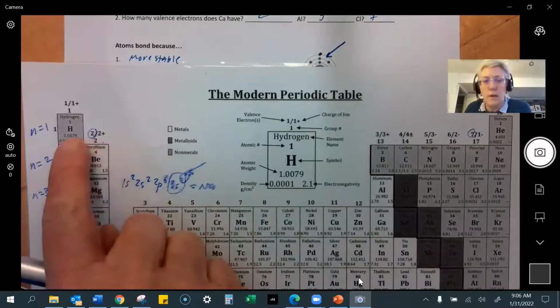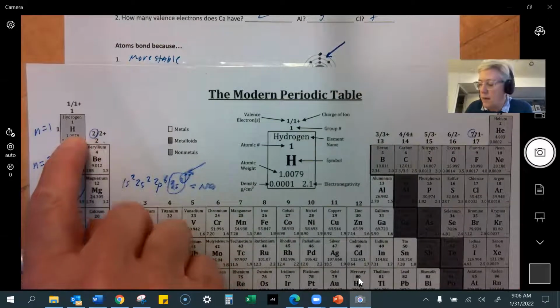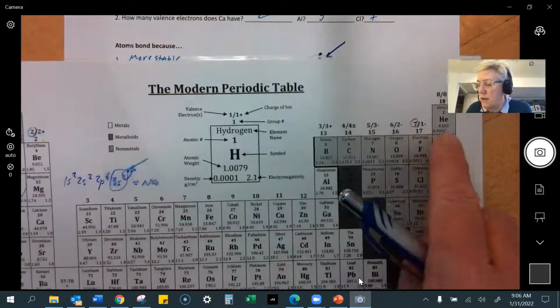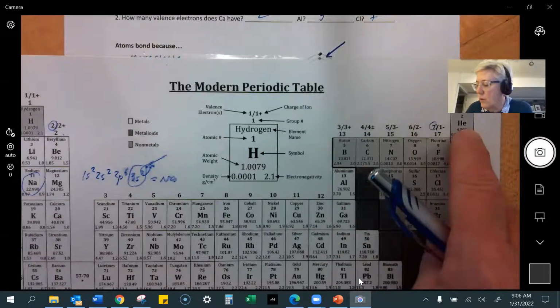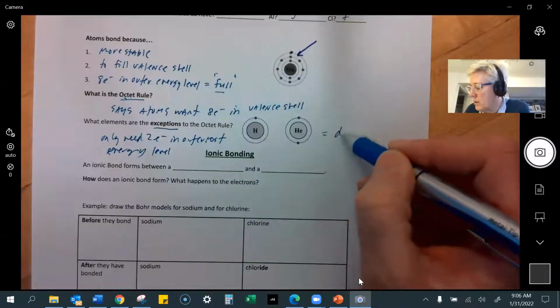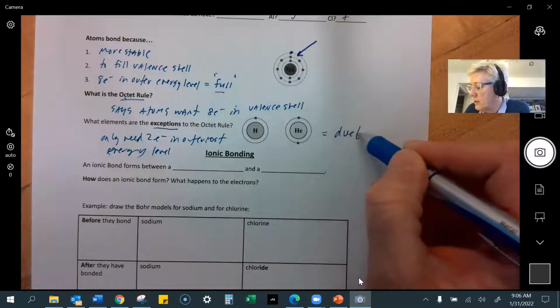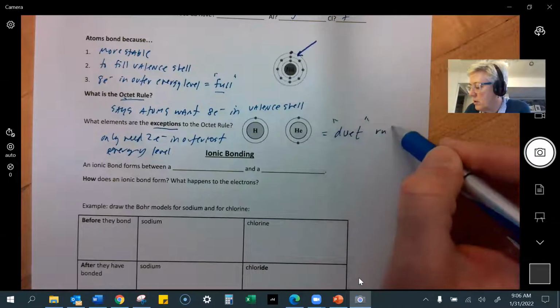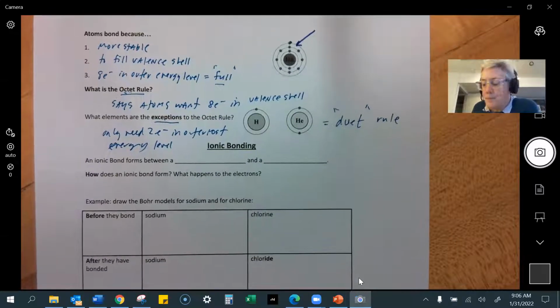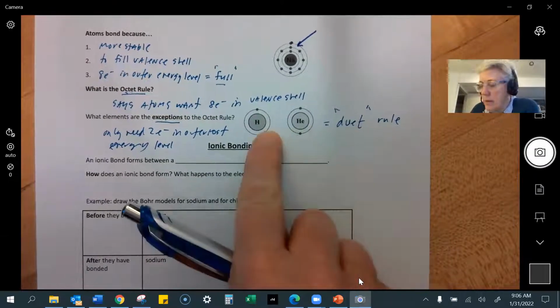Here's hydrogen, N equals 1. To have that energy level full, it would need 1 more. Helium is only on energy level 1. It's already got 2. So that's called the duet rule. A duet means 2. All right, so we're going to draw a whole bunch of compounds bonding. So we'll have to be reminded about this duet rule.